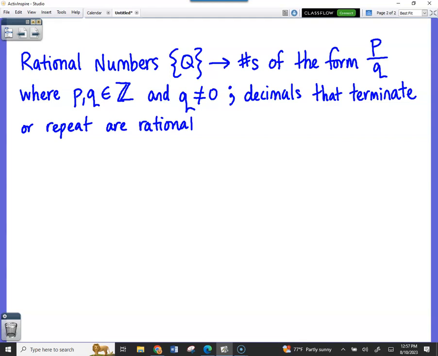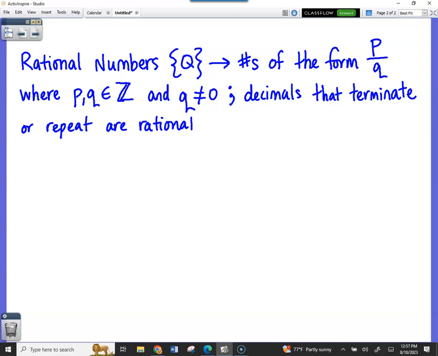We already know what rational numbers are. Don't let the leveled up college definition confuse your already foundational understanding of rational numbers. Rational numbers are fractions. So this is saying it's numbers of the form P over Q. There's the fraction.